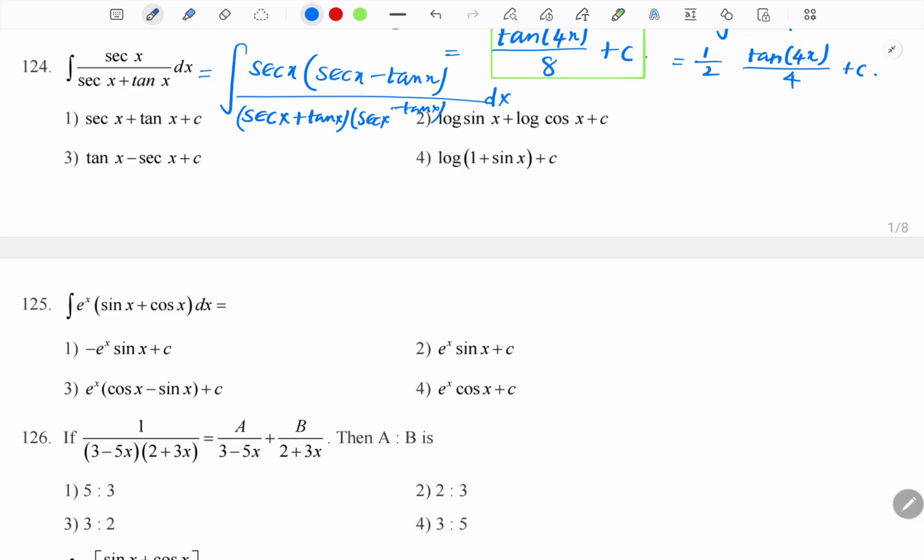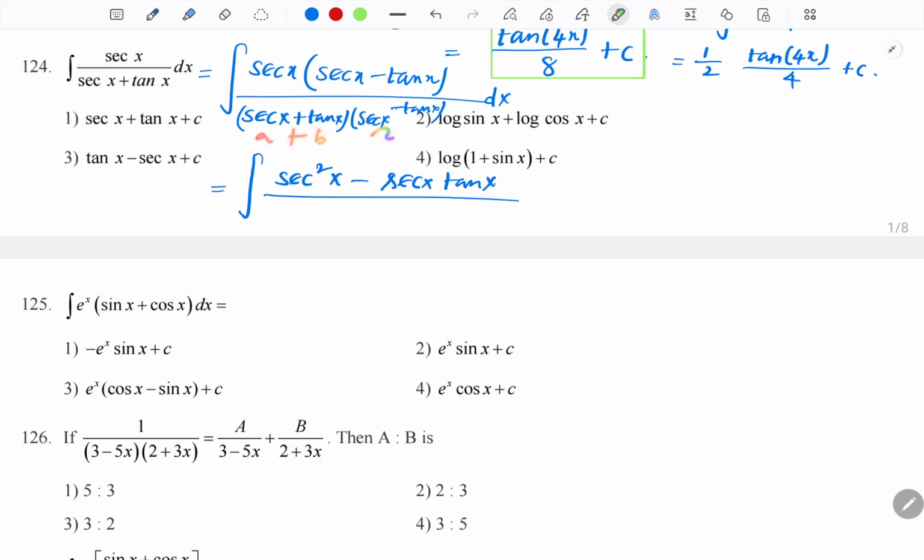You know, right? Okay, I will add one more step. Now see students, if I expand the numerator, then what will happen? Secant into secant, secant square x, secant into minus tan x, then secant square x minus secant x into tan x, dividing by, here it is very easy, right?